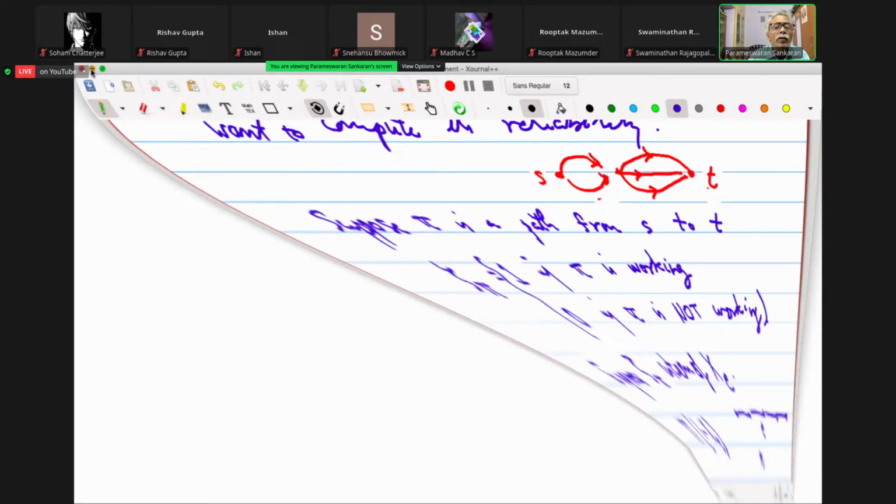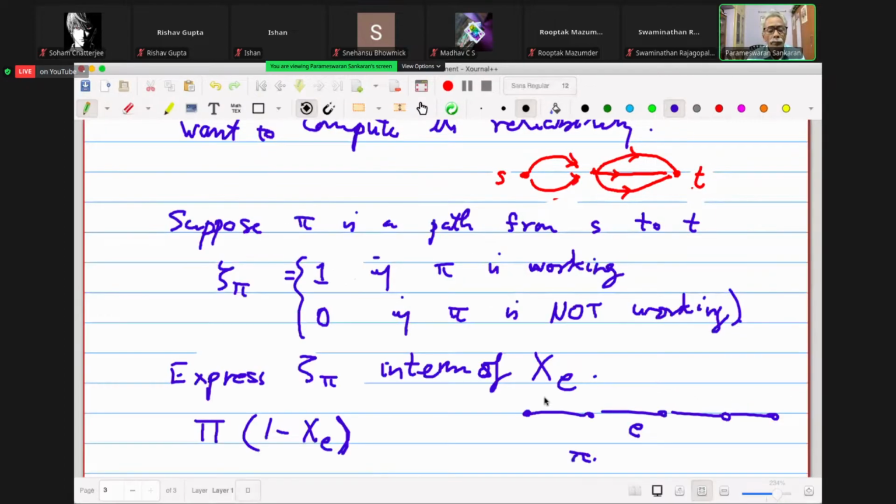This is a complicated formula. Let us write this carefully. Z pi is equal to 1 minus, so let's just write here x pi not working.